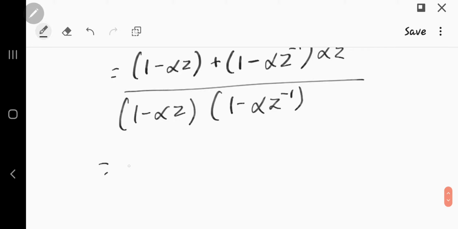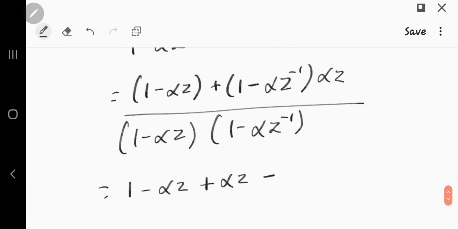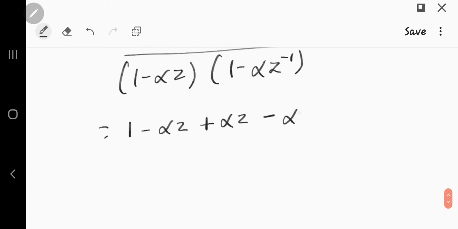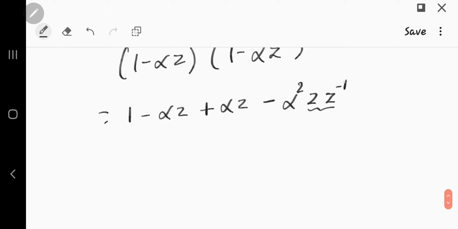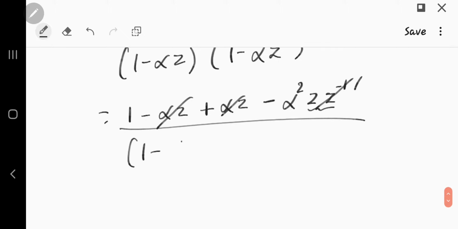If you simplify this, 1 minus alpha z plus alpha z minus, here alpha into alpha is alpha square, z and z inverse. So these two become 1, these two get cancelled, 1 minus alpha z, 1 minus alpha z inverse.